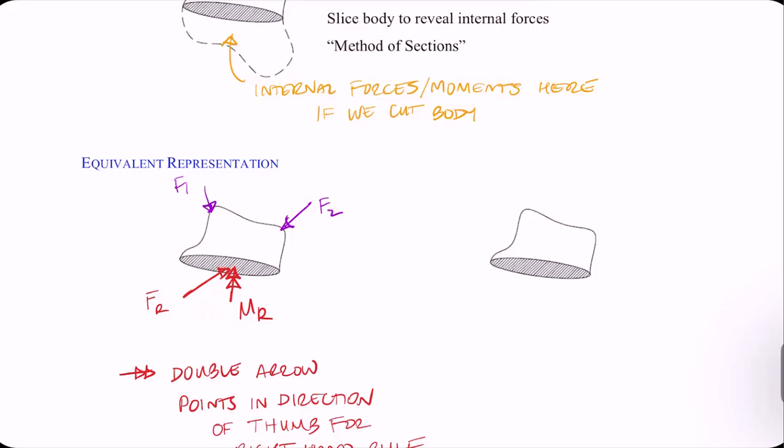You could also, probably more commonly, what we like to do is we like to know the normal force to this surface. We like to know the shear force, the force parallel to the surface, the force perpendicular to the surface, and then the bending moment.